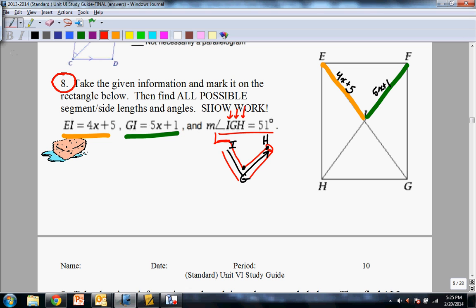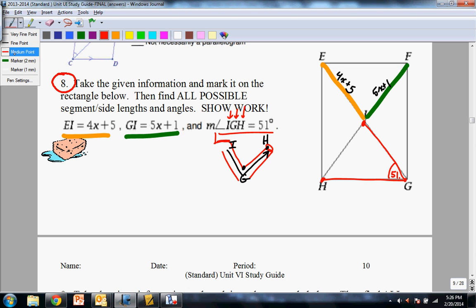That seems simplistic, but I still have several of you that aren't getting these angles in the right place. Very, very carefully. Shoulder, elbow, wrist. So we go I, G, H. We stop at H. Our elbow is right there at G. That's where the 51 belongs.